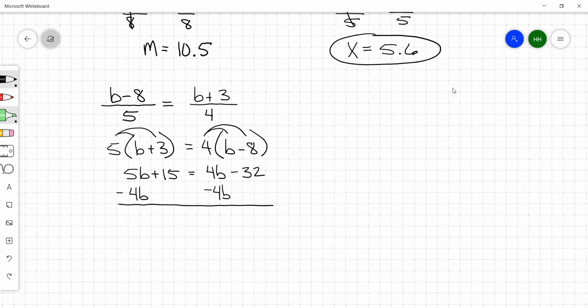And 5b minus 4b is 1b, but you don't write the 1. So b plus 15 is equal to negative 32. And subtract 15 from each side. These cancel. Your b is equal to negative 32 minus 15. That's a negative 47.